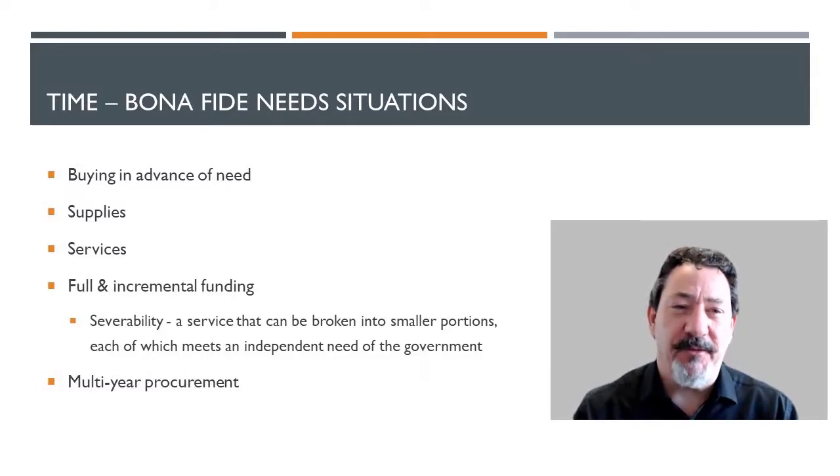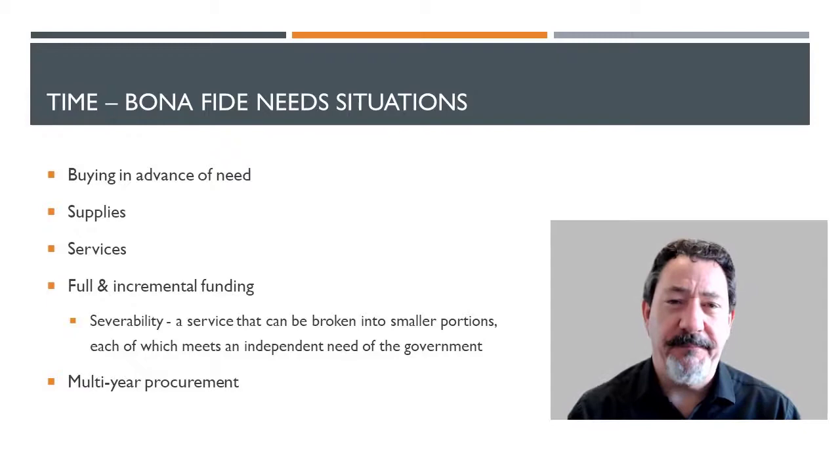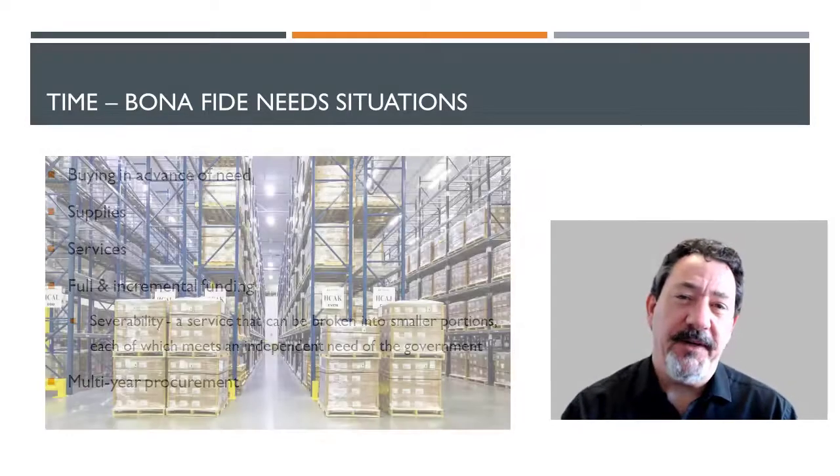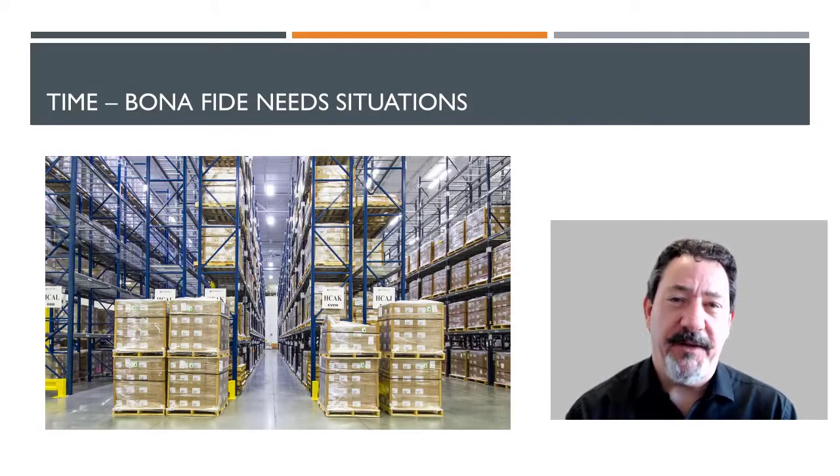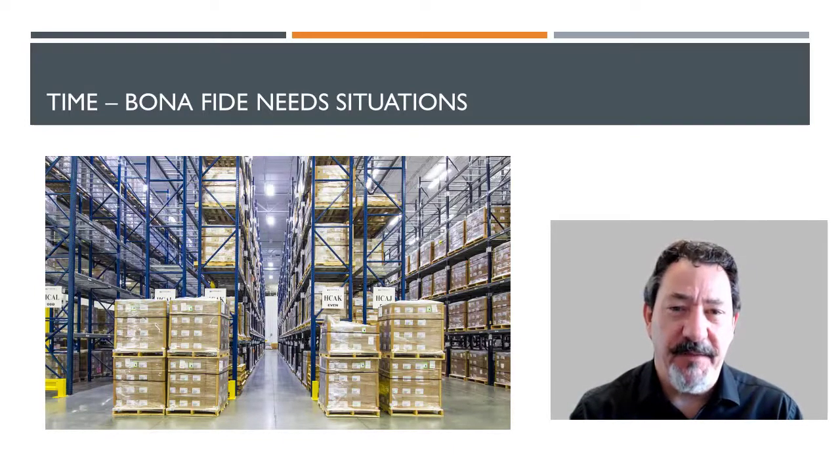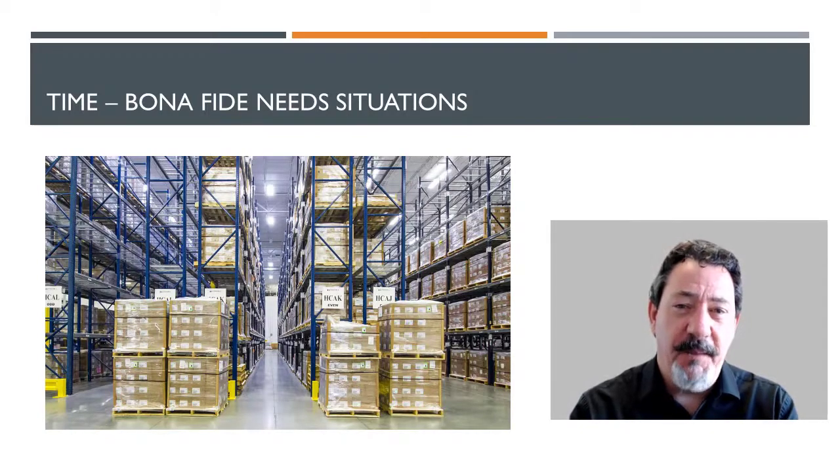One last thing we may run into with this bona fide need rule are multi-year procurements. Let me give an example from the medical community. Using modern inventory methods, the medical community wanted to buy certain pharmaceuticals, but not take possession of them. Rather than have the government maintain the inventory, we wanted to have the large pharmaceutical company maintain the inventory, but provide it to us on demand.